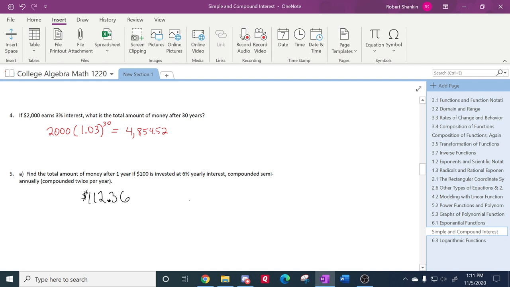What we did was we multiplied 100 by 1.06 squared, because the interest isn't added just once per year, it's added twice because it's semi-annually, which means it's as if you added 6% for 2 years normally. Very good, very good.